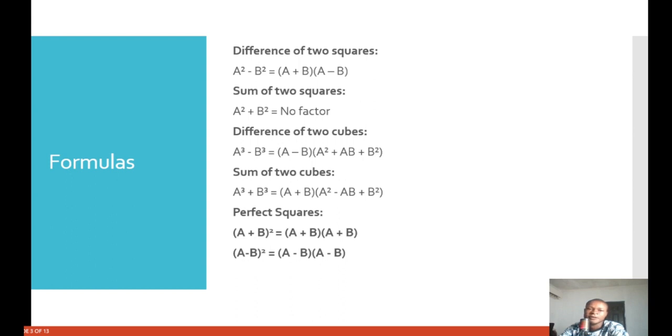That is, if I have a square plus b square, then I can actually illustrate it as a plus b all squared minus 2ab.